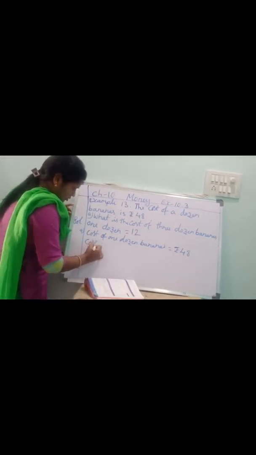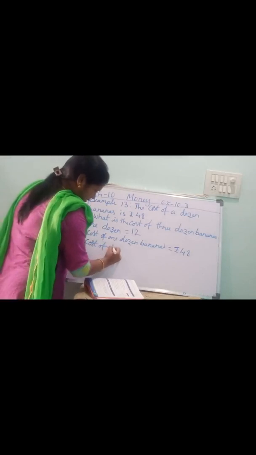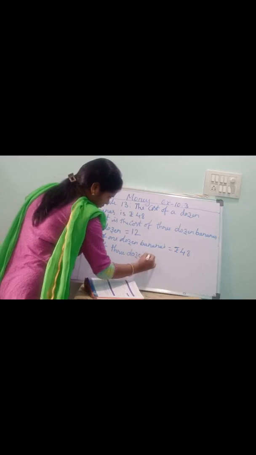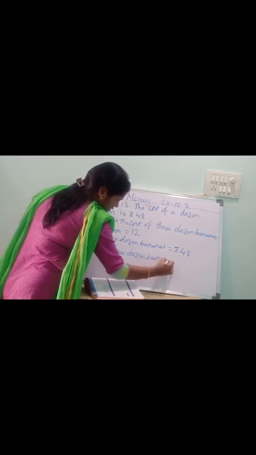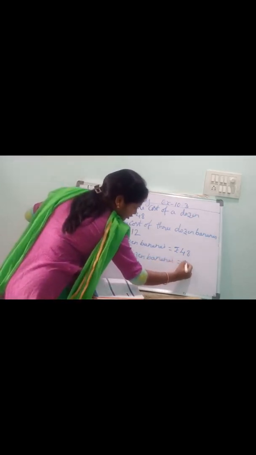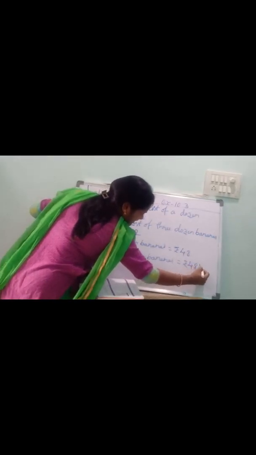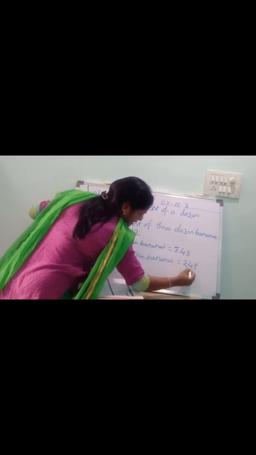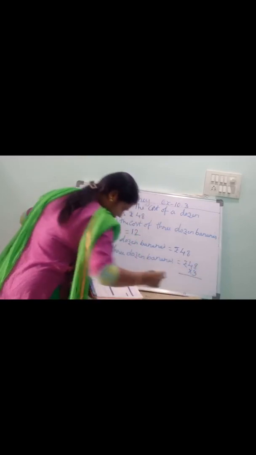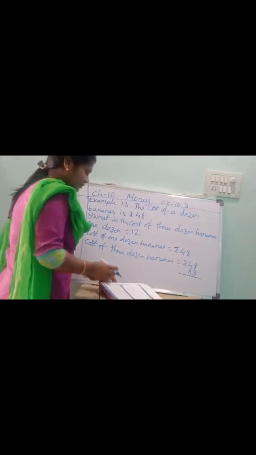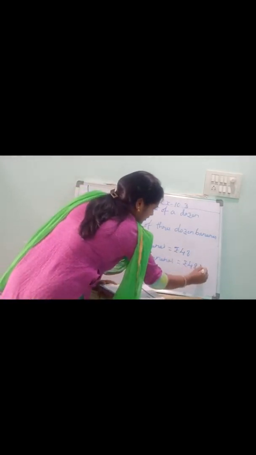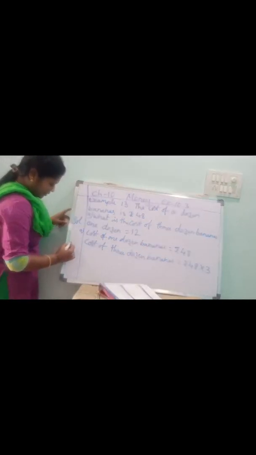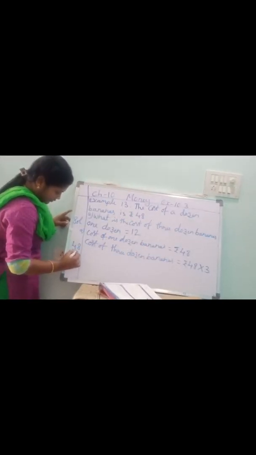Now, the cost of 3 dozen bananas is equal to rupees 48 into 3. Should do like that or not? See, now what you have to do? You should find first 48 into 3.